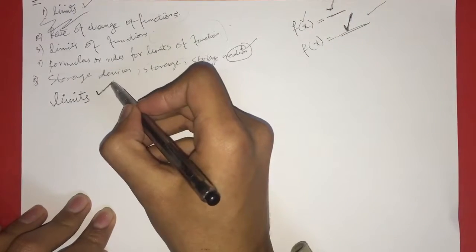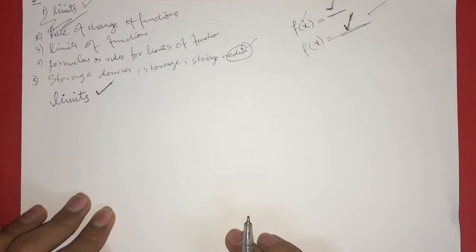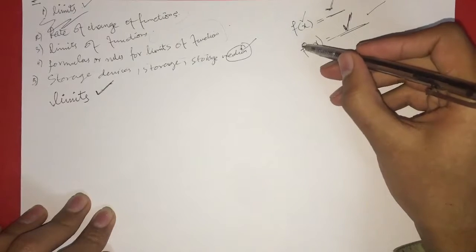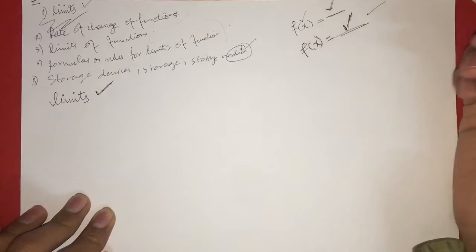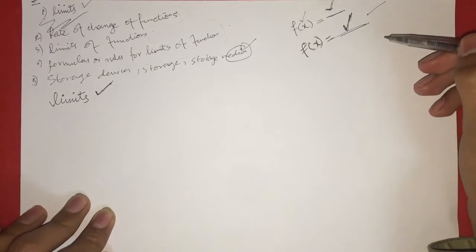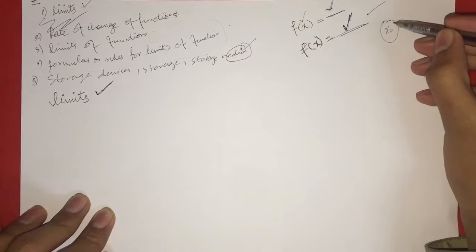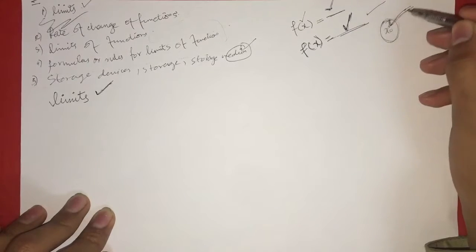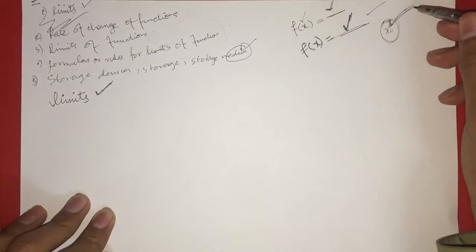Limits are basically used to calculate where the result of the function is going to go, about that point where that function was undefined, or where that function did not have a value.